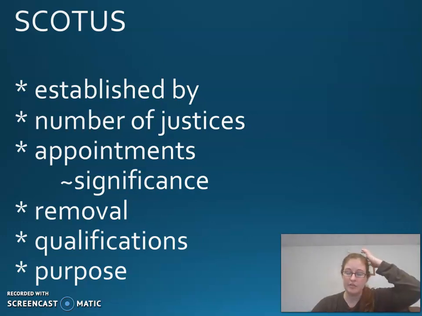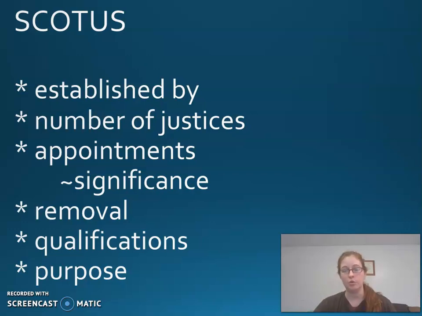And then the purpose of the Supreme Court itself is it is the highest court in the land, and its ultimate goal is to interpret the Constitution. They do this by, again, setting precedent. That's a different word than president, guys, not talking about the person in the White House. Precedent means a legal standard that must be followed.